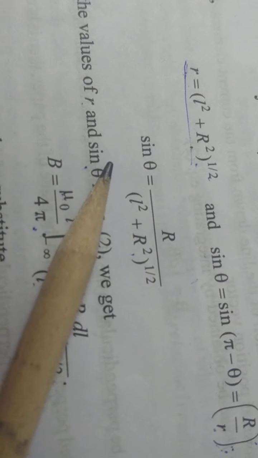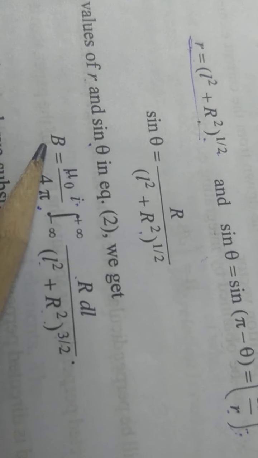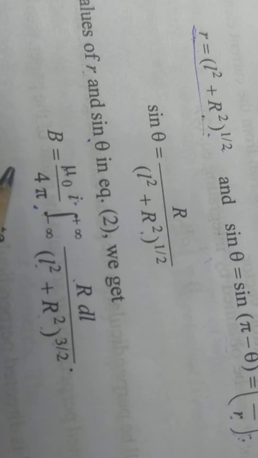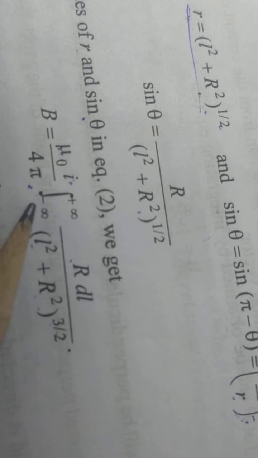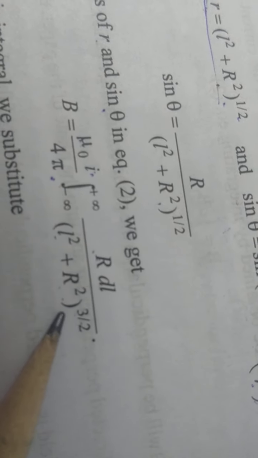So sine theta is R by small r. In place of this small r, you can write root of L square plus R square to the power half. Now, substituting these values of sine theta and small r in the equation of B, you have mu 0 I by 4 pi integral minus infinity to plus infinity R dl by L square plus R square to the power 3 by 2.